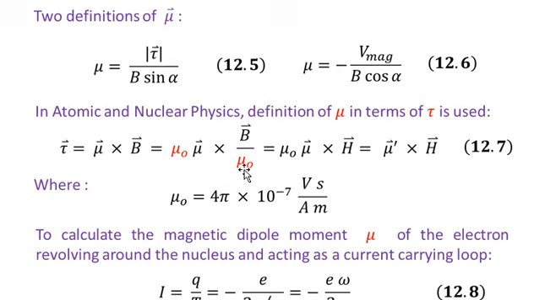B divided by mu naught gives capital H. Then we have mu naught mu cross product with capital H. Capital H is actually the magnetic field and B is the magnetic induction. So this mu naught mu can be represented as mu prime. And the value of mu naught is 4 pi into 10 to the power minus 7 volt second over ampere meter.